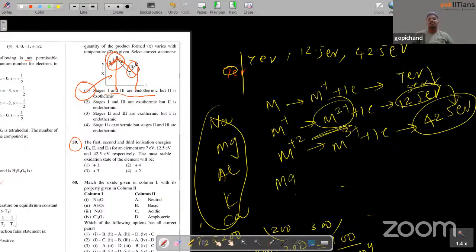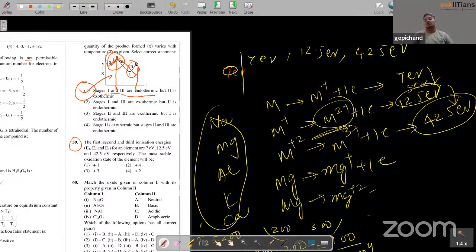If you take magnesium, Mg to Mg plus needs some energy. For Mg plus to Mg plus 2, you require some more energy, that is 12.5 electron volts. Then from Mg plus 2 you are making Mg plus 3, which requires much more energy, 42.5 electron volts.